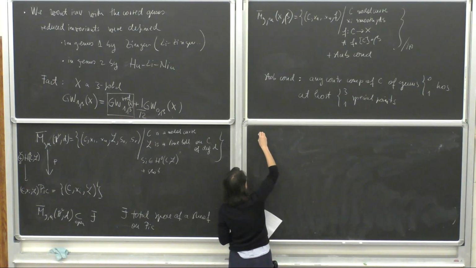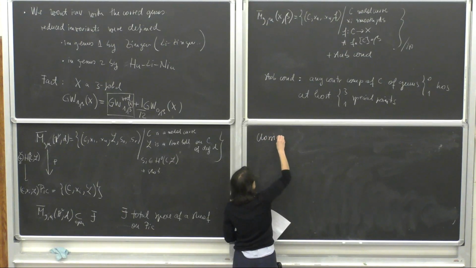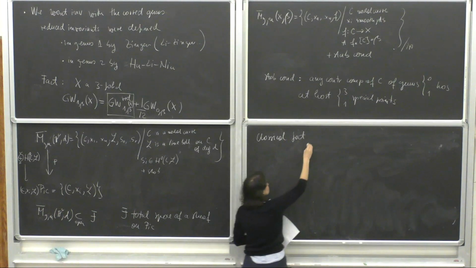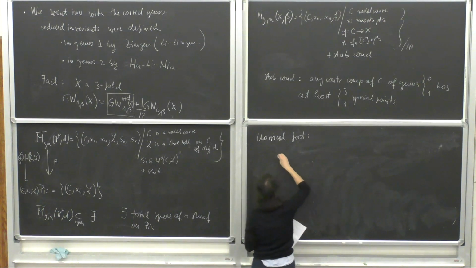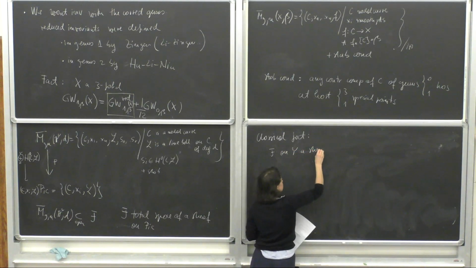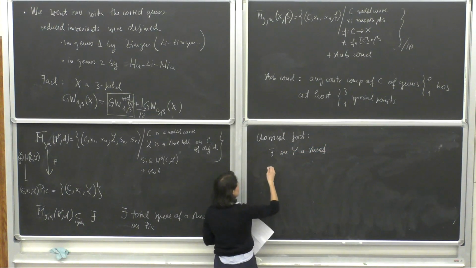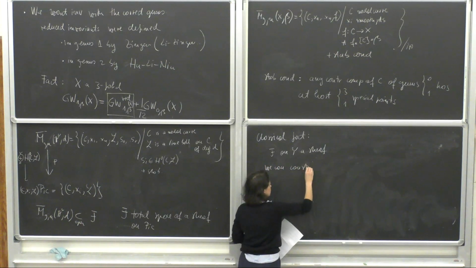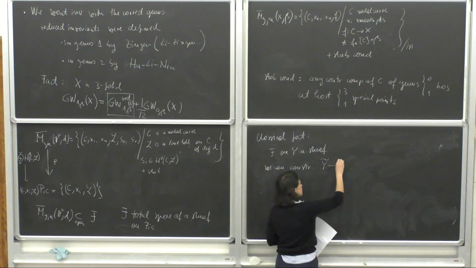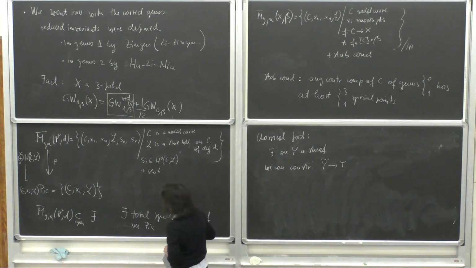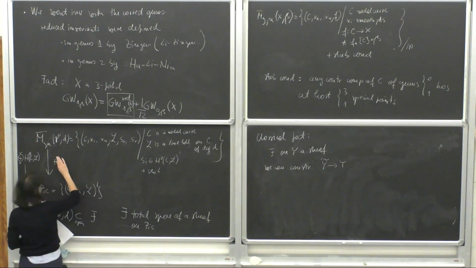So, a classical fact. If I have F on Y, a sheaf, we can construct Y tilde over Y, sorry, maybe I call this something else.